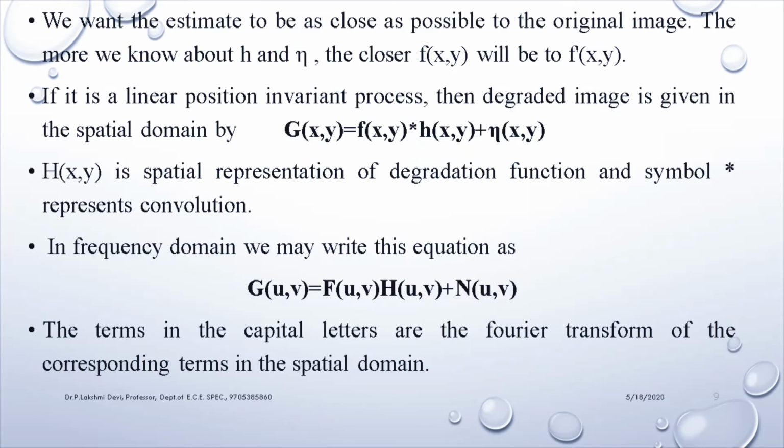We want the estimate to be as close as possible to the original image. The more we know about h and eta, the closer f cap of xy will be to f of xy. That is, whenever we know h as well as eta, there is a chance to extract it through this restoration process.